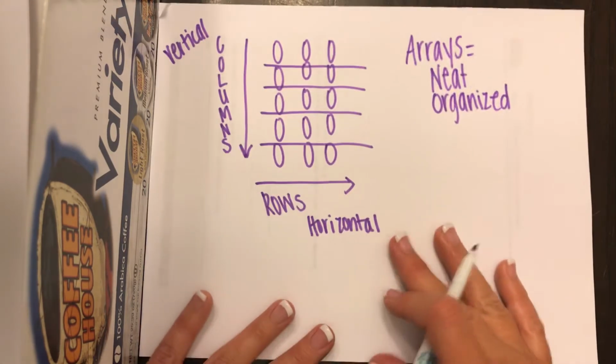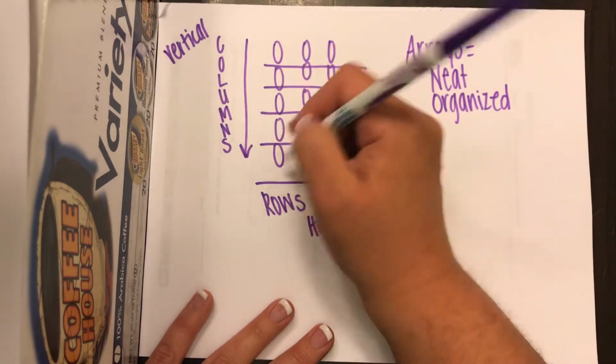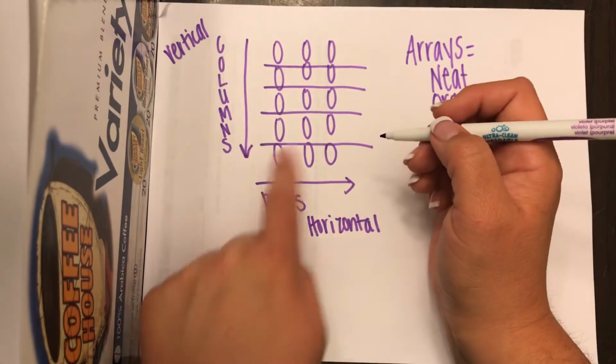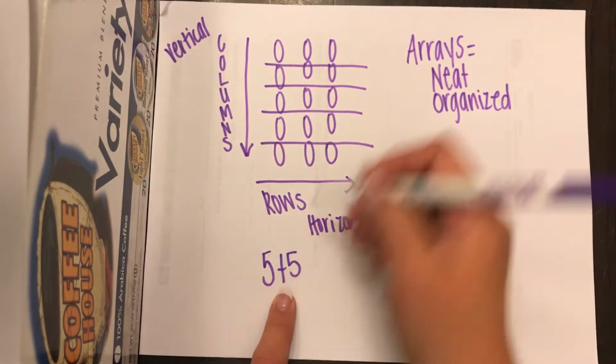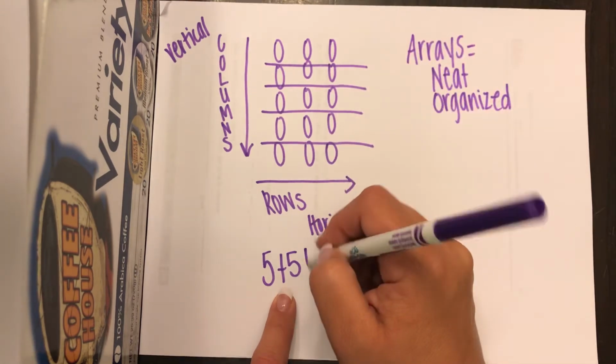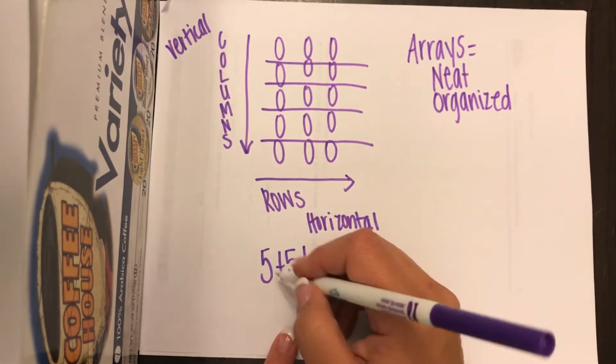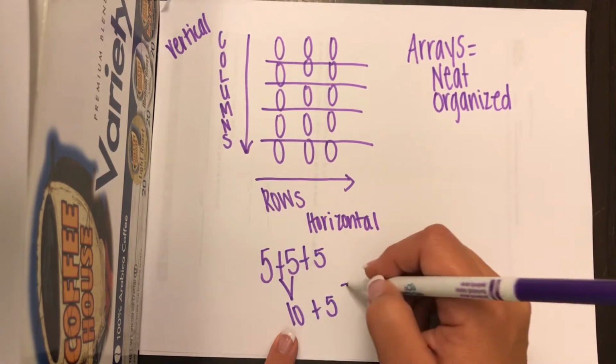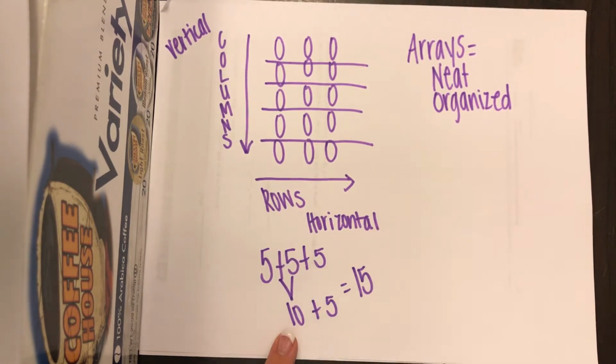So we could write a repeated addition sentence based on the columns. So that would be 5 going down, plus 5 going down, plus 1 more 5 going down. We know that 5 plus 5 is 10, plus that extra 5 would equal 15.